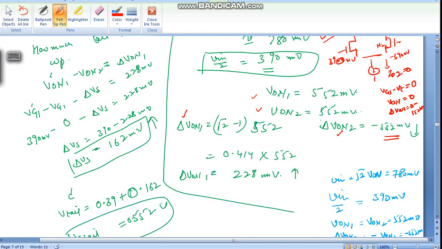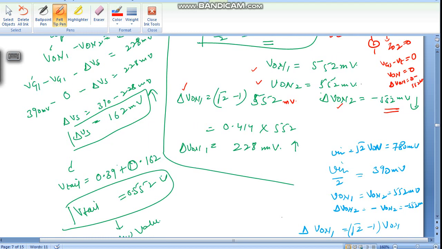Delta Von1 will be (square root of 2 minus 1) times 552 millivolt. This formula we have already derived. This will come to 228 millivolt. So Von1 will increase by 228 millivolt, and Von2 is reduced by 552 millivolt.